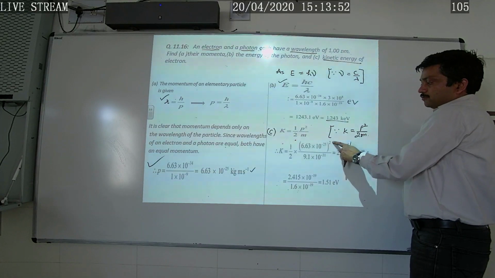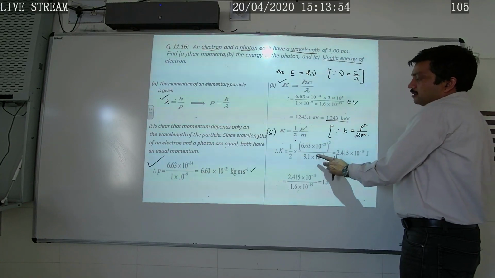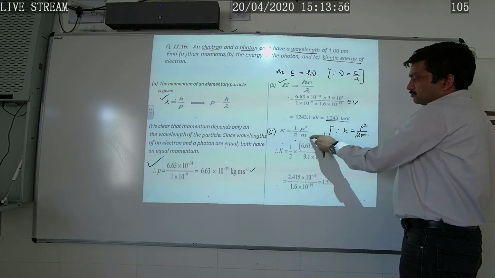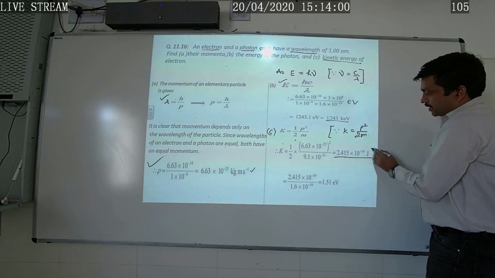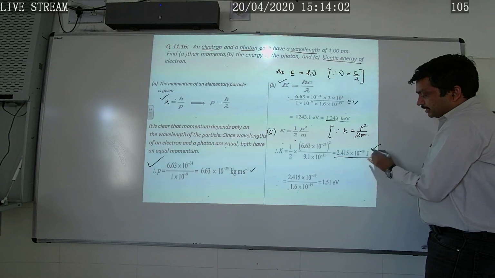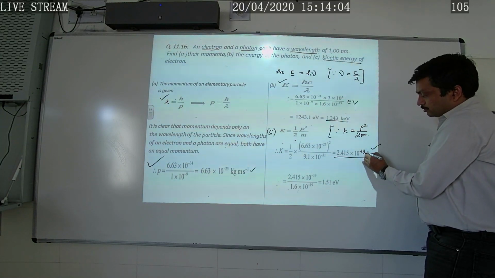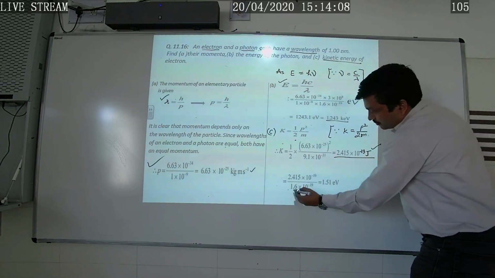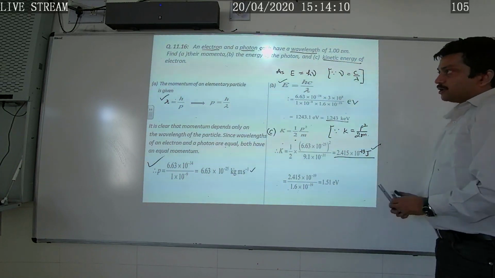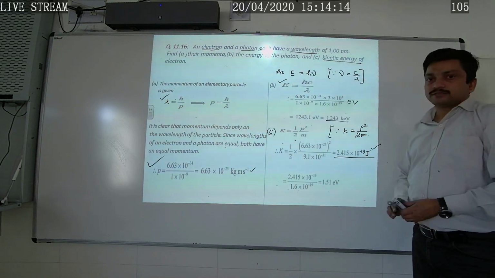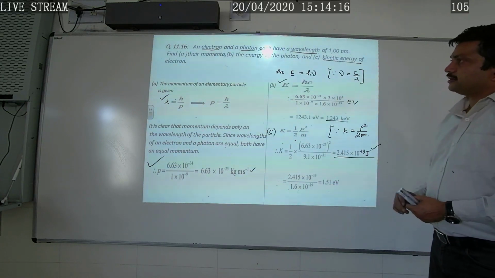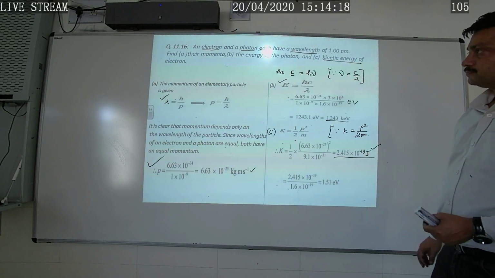Putting in the value, where m is the mass of the electron, we got the required answer, 2.415 into 10 to the power minus 19 joule. To convert this into electron volt, we divide by 1.6 into 10 to the power minus 19. In this way, we get the kinetic energy of the electron.